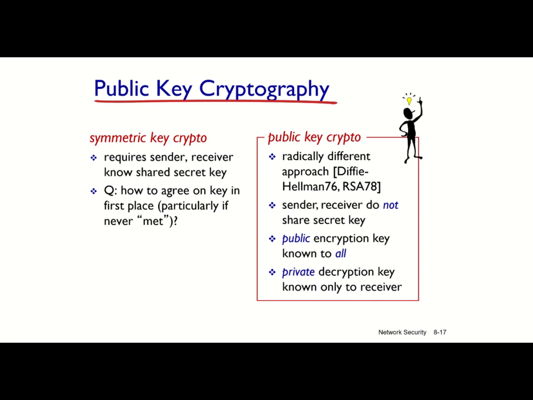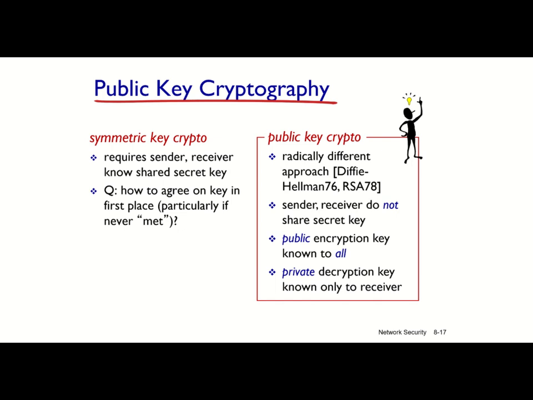Instead of having symmetric cryptography, which is private and only the two parties in a communication know it, we can use a public key crypto. That's a completely different approach that Diffie-Hellman and RSA came up with.